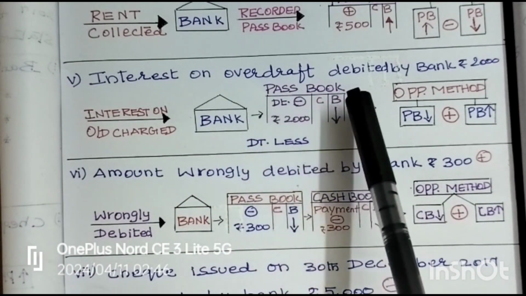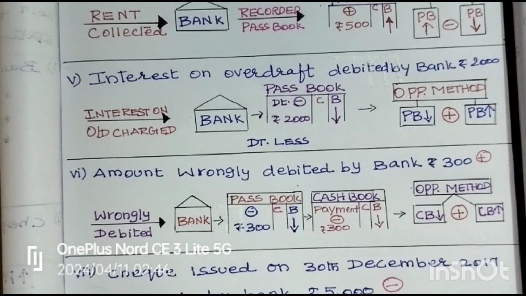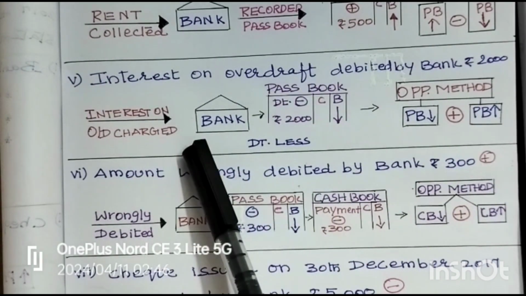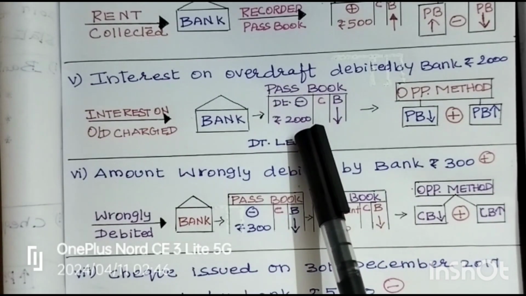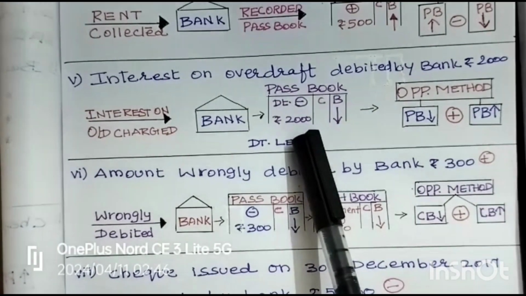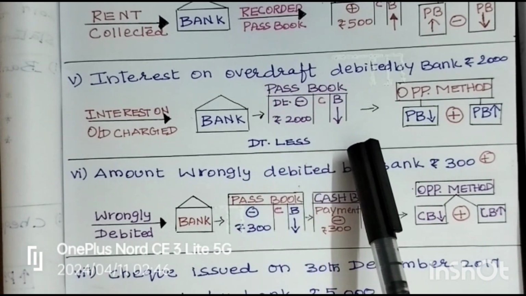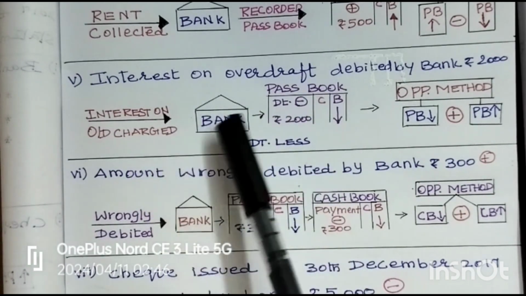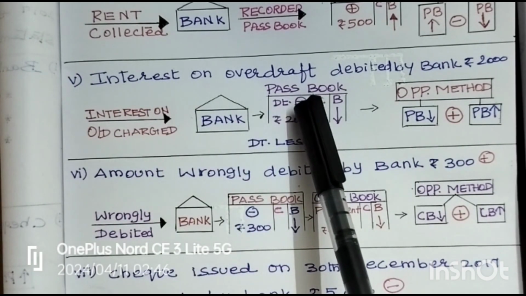interest on overdraft debited by the bank 2000 rupees. So interest on overdraft means it is a cash deduction. Cash reduction according to the passbook, bank balance will be reduced. Okay. So the bank provides you overdraft like a loan.